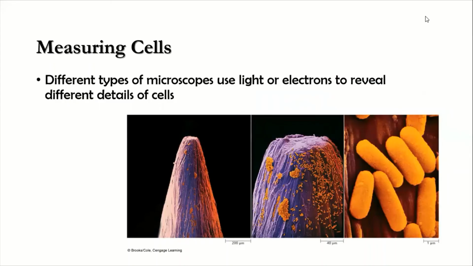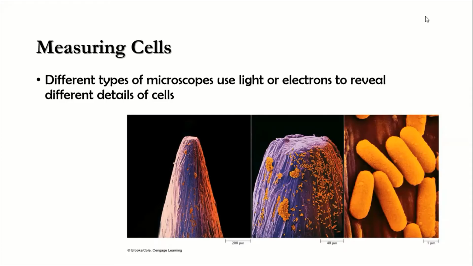Okay? Now how do we measure cells? Cells can usually be seen under the microscope. Okay? Different types of microscopes would use light or electrons to reveal the different details of your cell. So in this image, you see the purple one is the tip of the pin. Okay?